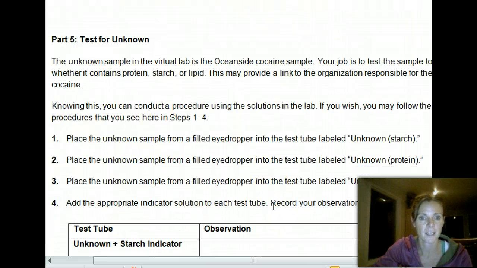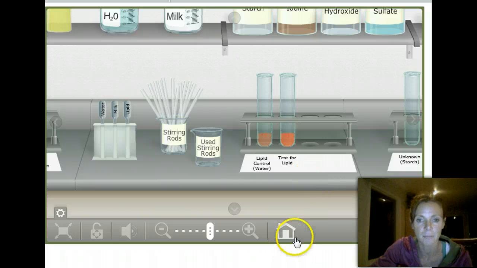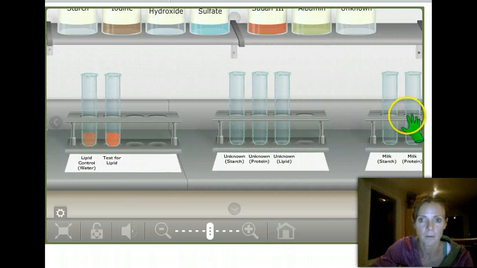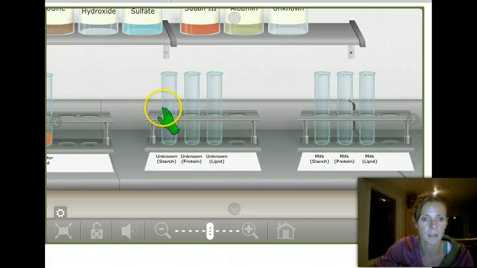Then you want to test the unknown, okay? I'm not going to go through this entire thing because I really want you guys to work on this a little bit together instead of just watching and then you're done with it. So testing for the unknown. Go back to this lab, and if you pan over here, you'll notice there's 3 test tubes for the unknown. This milk portion will come into play in the last question.